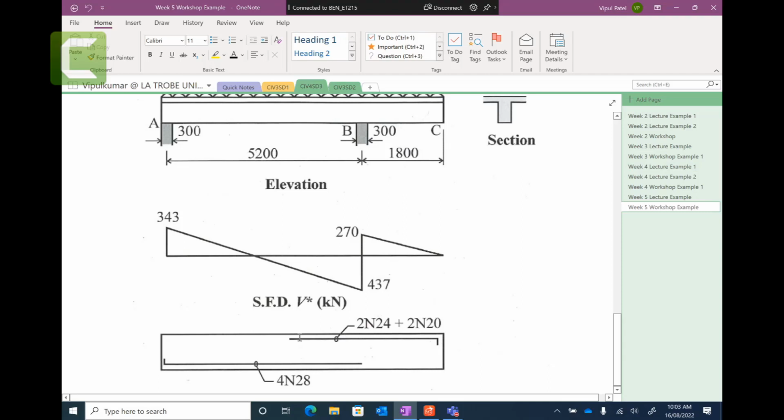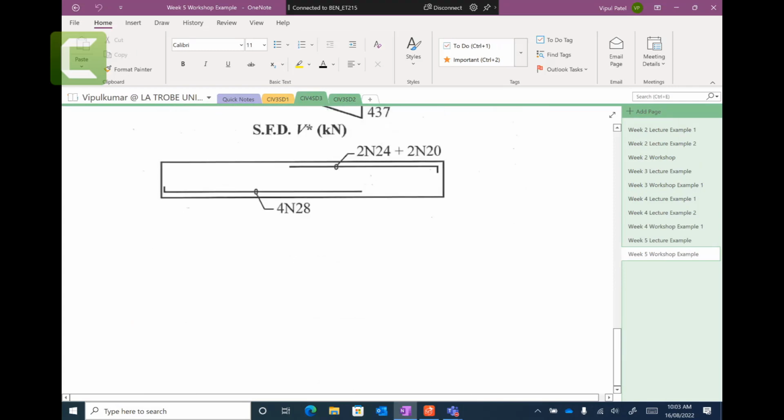You don't have any fitments yet, so they are looking for what size of fitments you can use, and what would be the diameter of the fitments. So I think that's the question there.